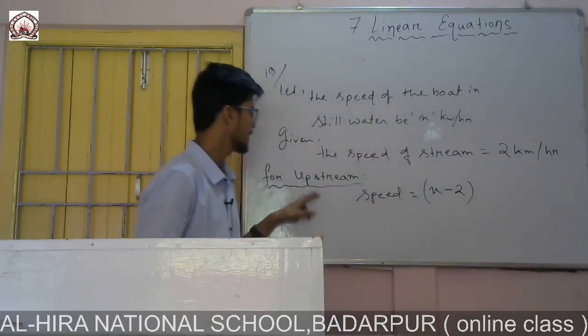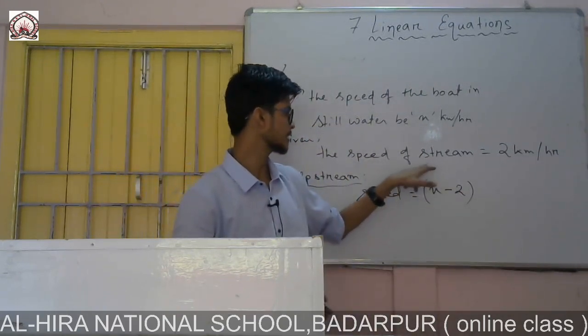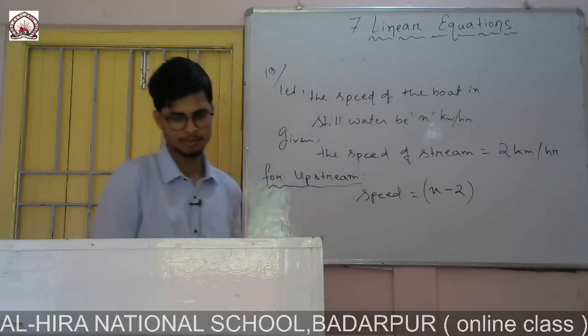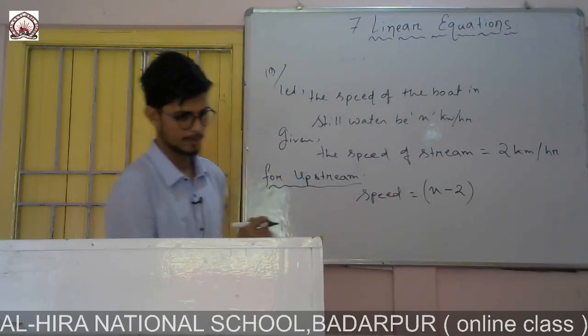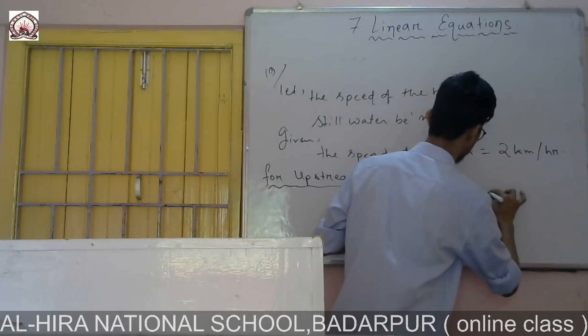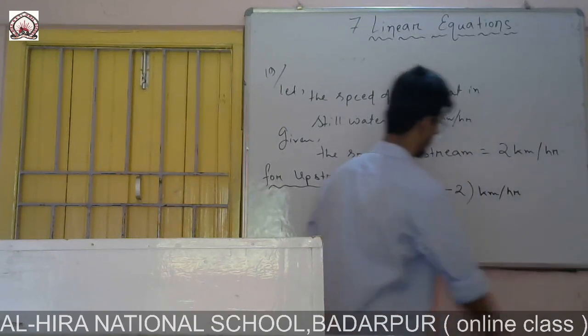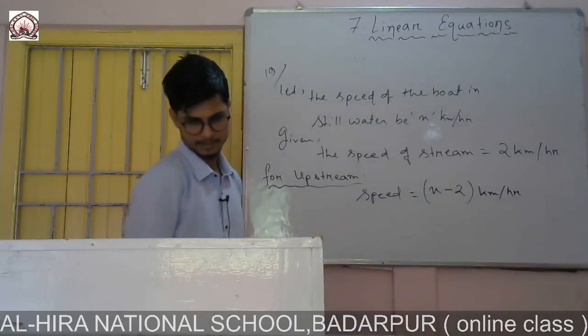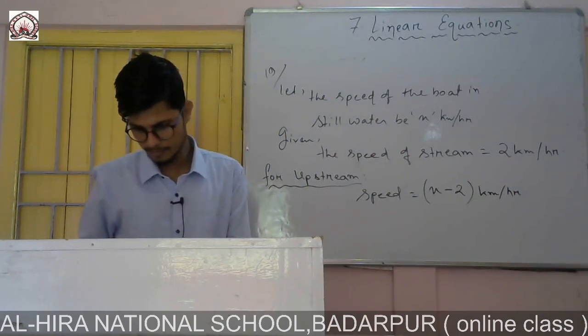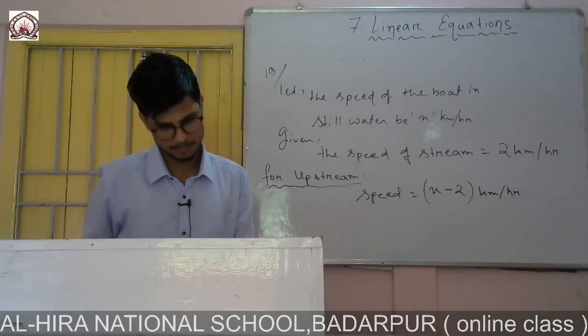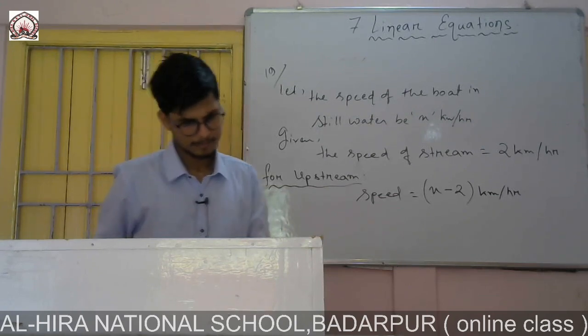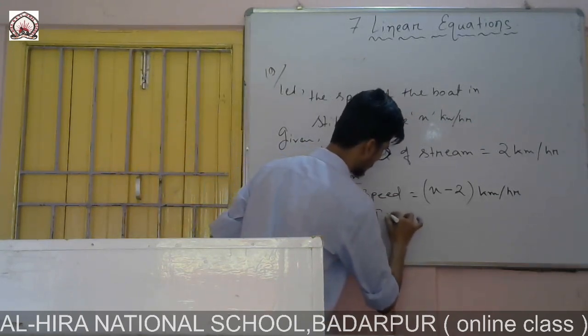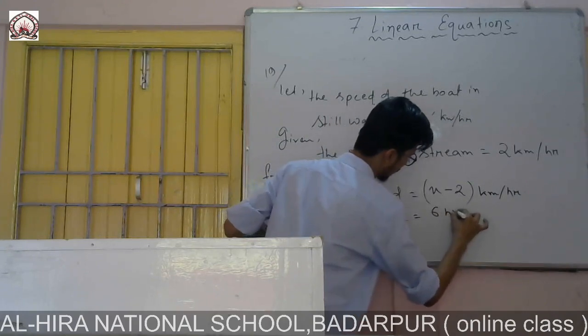I said earlier, in case of upstream we subtract the speed of the stream, and in case of downstream we add it. The unit is kilometer per hour. And the time given for upstream is 6 hours.